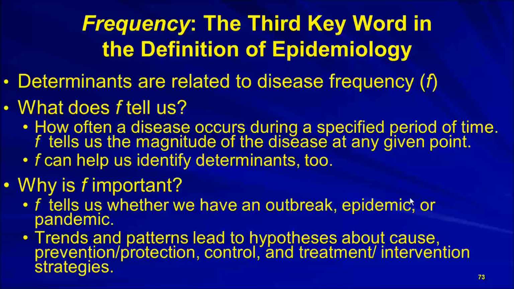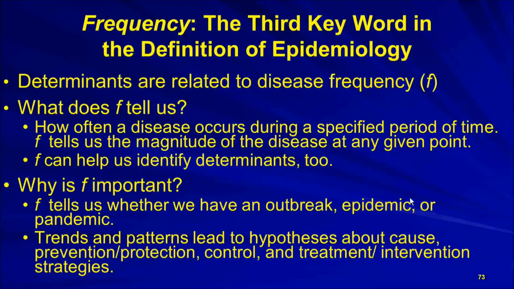Okay, frequency. Finally, in this definition of epidemiology, we've come to the third term. All frequency means is it's a count. What we're going to do is count people. That's the primary thing that we do in epidemiology. We count people.